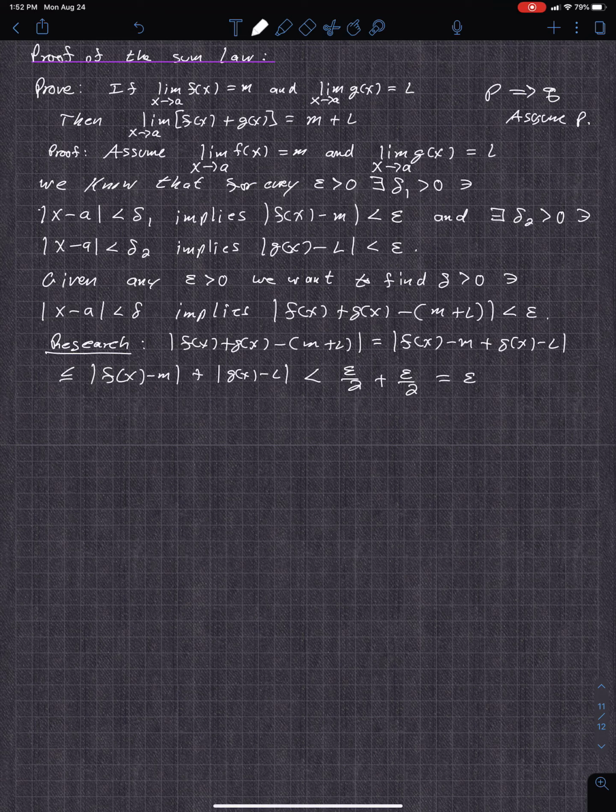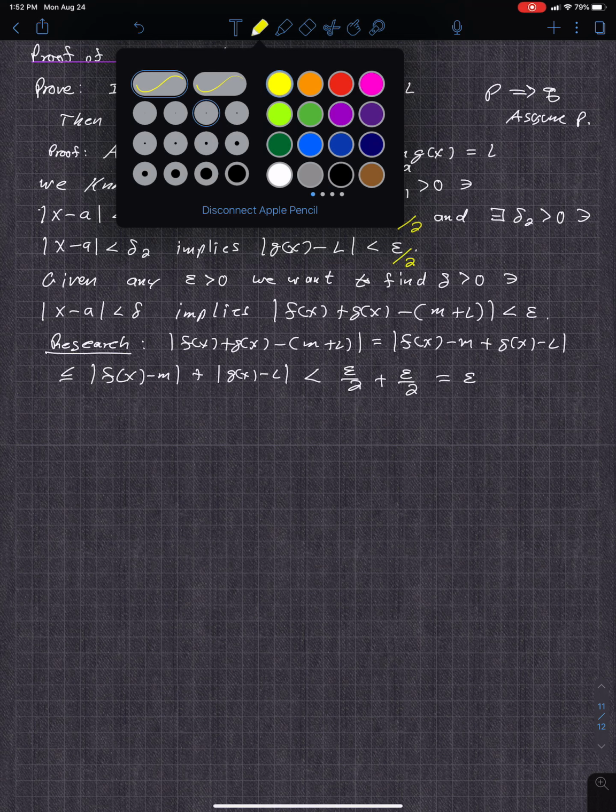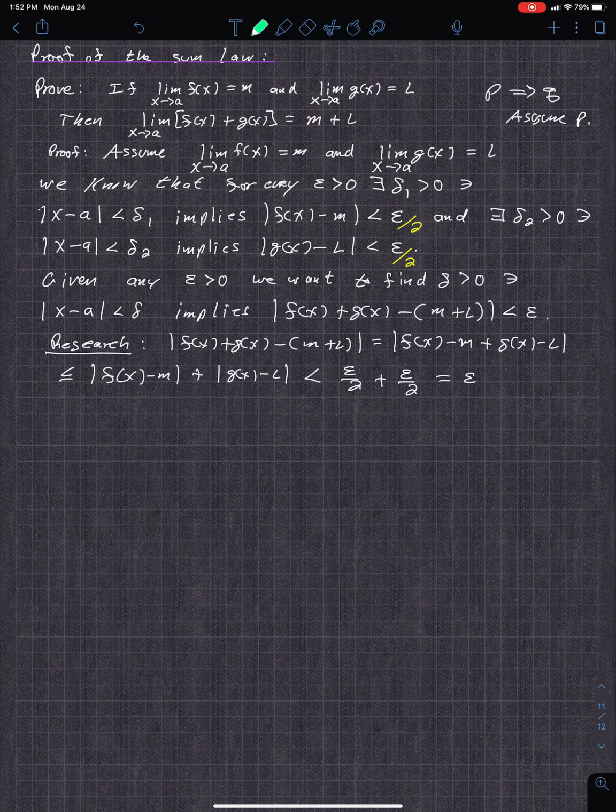So what we can do then is come back here and say, let's suppose that it's epsilon over 2, for your choice of delta 1 and delta 2 that's already given. Okay, so that's true. Let me just also finish stating that. That's by the triangle inequality, this piece right here. Just want to make that clear.